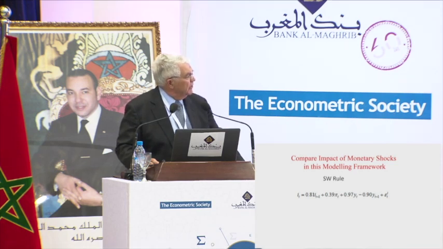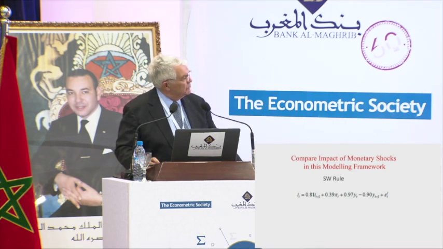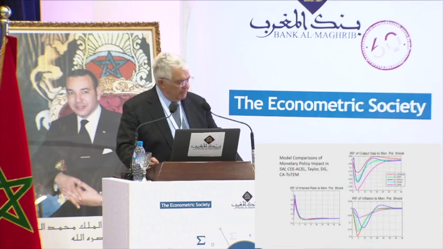You can simulate or calculate the policy responses to policy rules, such as this one. This is Smets-Wouters' rule, where the interest rate, as you can see, reacts to inflation pi and the GDP gap y and its lag, with a lagged dependent variable and then a monetary shock. And then you see the impact of the shock.